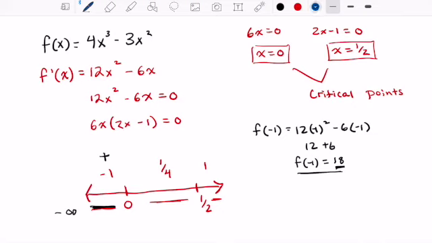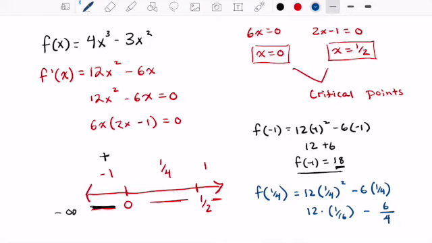So now we're going to test our next test point, which is 1/4. So we have 12 times 1/4 squared minus 6 times 1/4. Simplify this out. I get 12 times 1/16 minus 6 over 4. Continue simplifying. 12 over 16 minus, and since we need a common denominator in order to subtract, I'm going to multiply the top and bottom by 4.